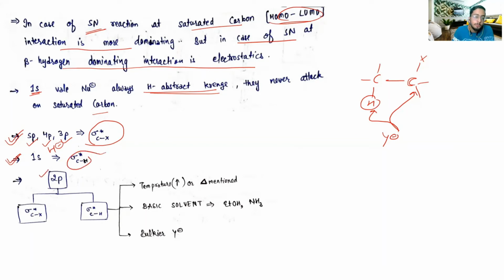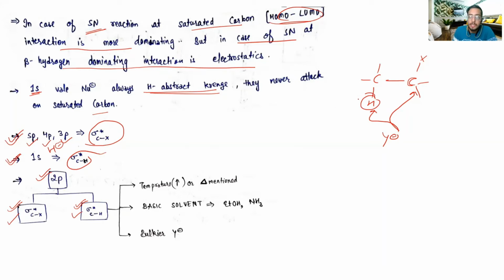Now the 2p type nucleophiles, having their negative charge in the 2p atomic orbital, can attack directly on the carbon having the leaving group, or they can also attack on the beta hydrogen. So they can show nucleophilic substitution as well as elimination reaction. But there is a case where they will show the elimination reaction.